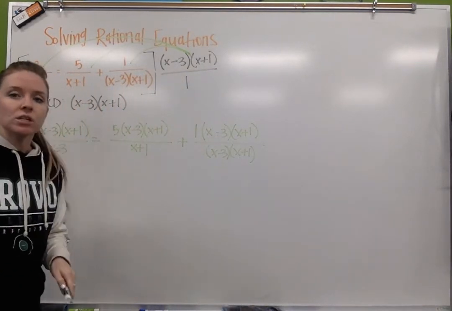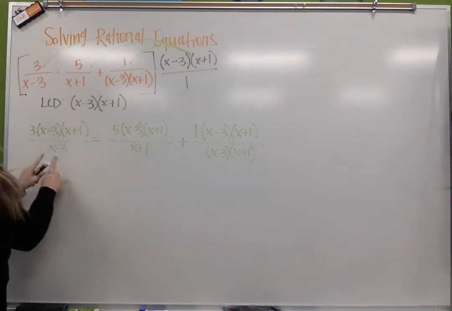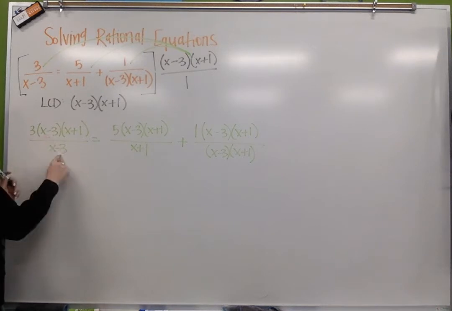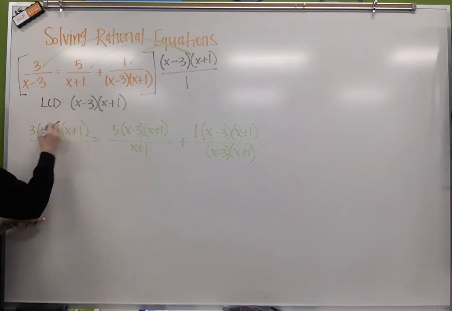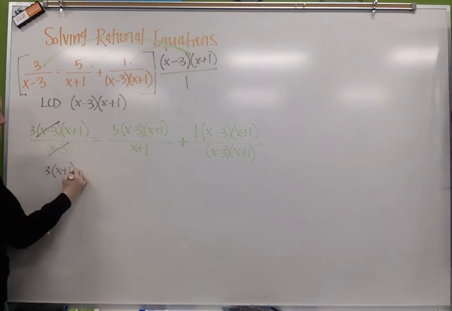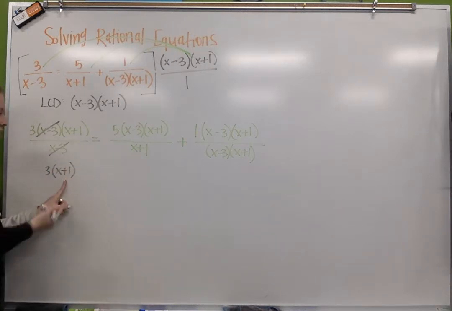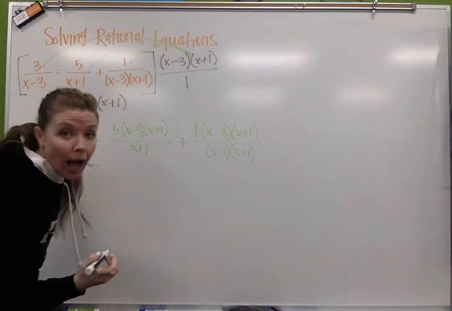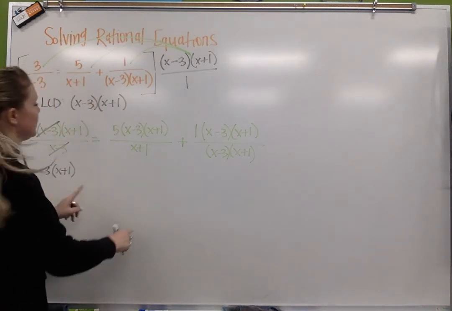But now using our skills for simplifying, check this out. X minus 3 and x minus 3 reduce to 1, and I'm left with 3 times x plus 1. Nice. The denominator is now gone, which is what we want.